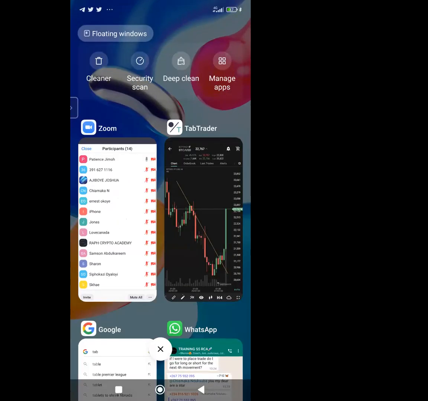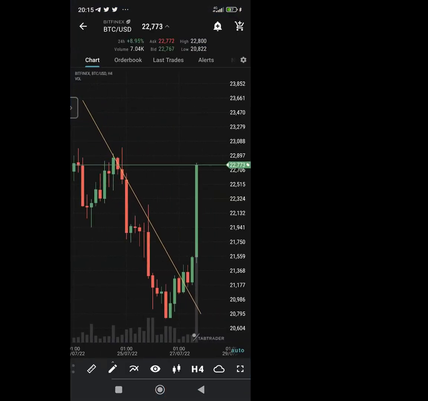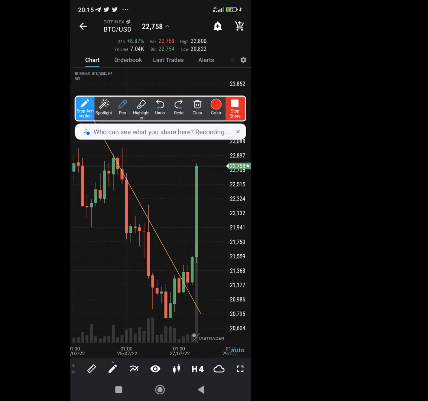Okay. So that's it. You can see what happens here is each candle is giving you an explanation of what has happened in the particular time frame.